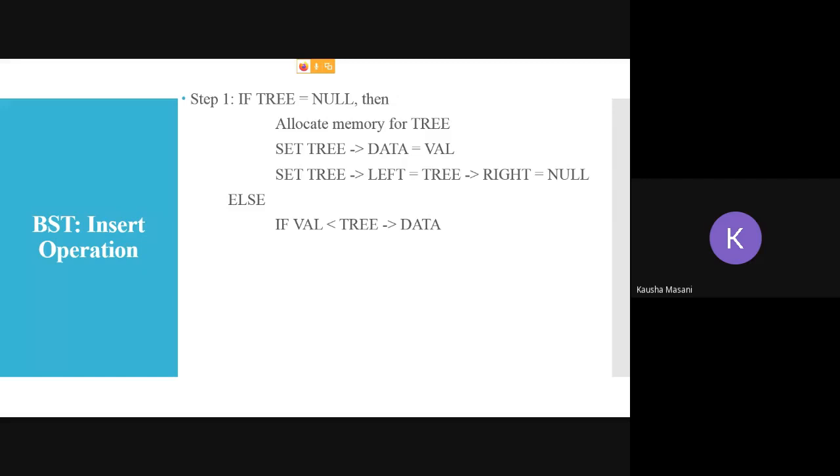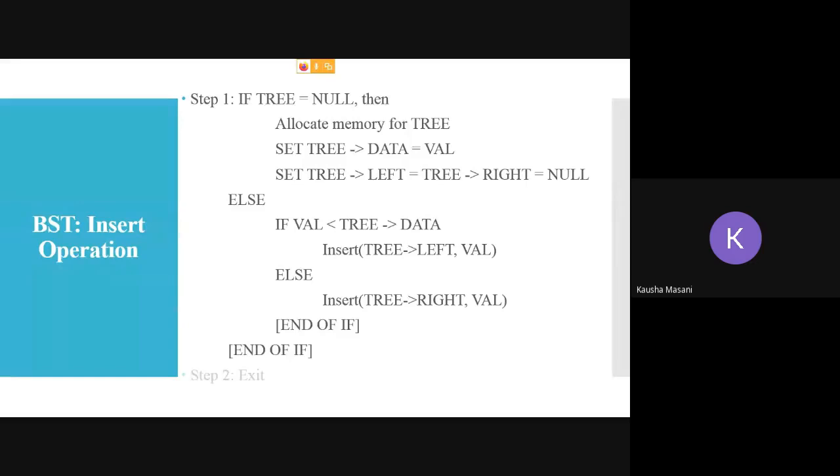If the new node value is less than the node value, move it to the left side. If it is greater than the given node value, move it to the right side. That marks the end of your algorithm. Till here, it is seen.